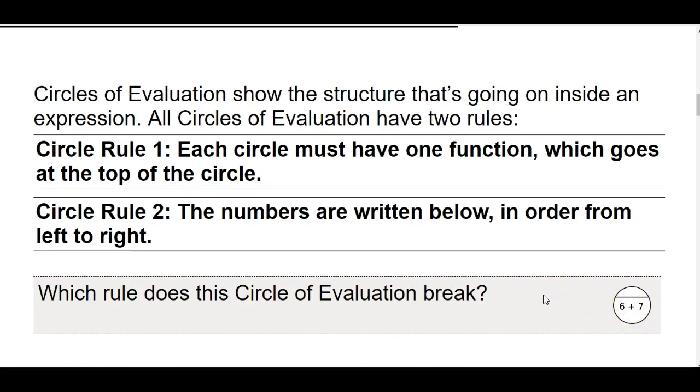If I were making a circle of evaluation for this, I would put the plus sign on top, and then the 6 over here and the 7 over there. That's how we're going to write it out. It's going to help us when we have to think through problems, so that we can design them using this circle of evaluation. So we are adding 6 and 7, and the plus sign goes here, right?